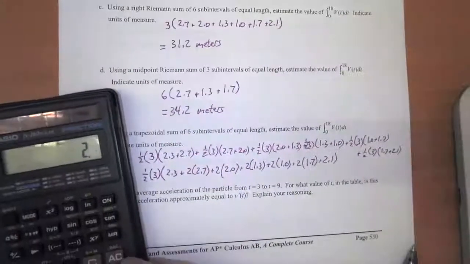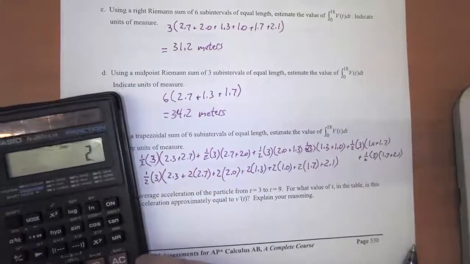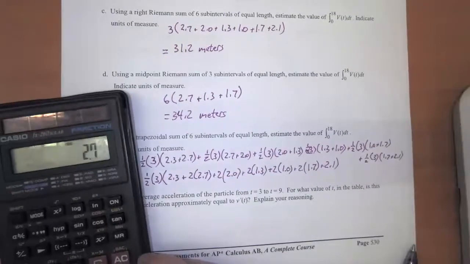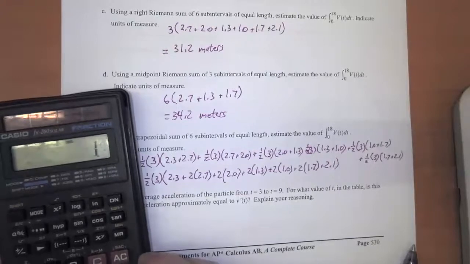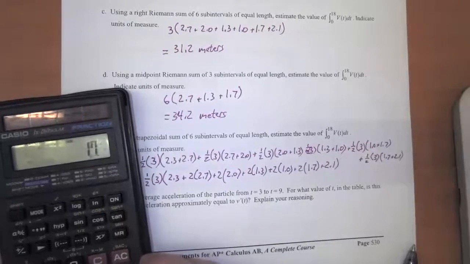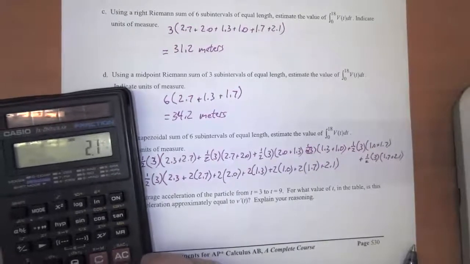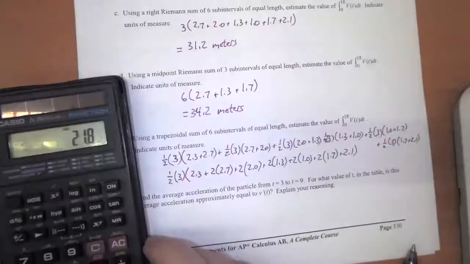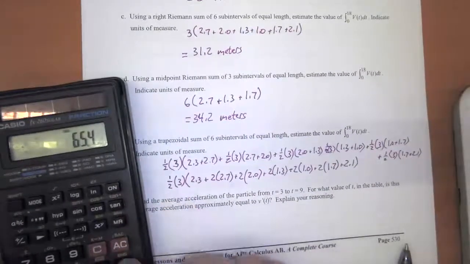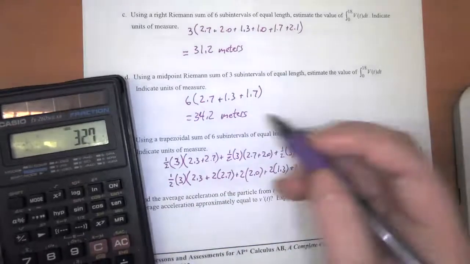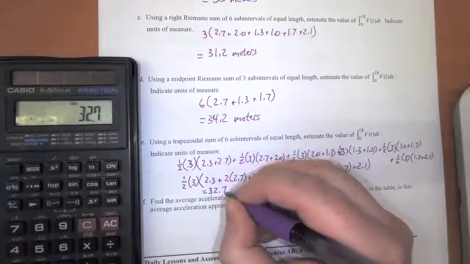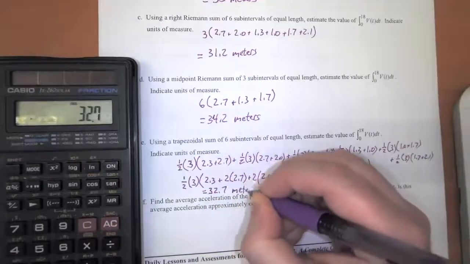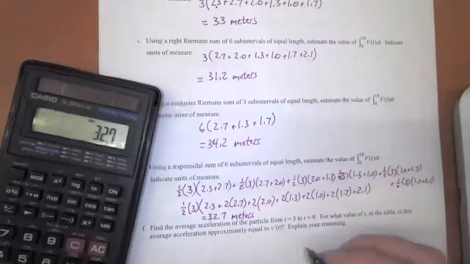All right, so 2.3 plus 2.7 plus 2.7 plus 2.0 plus 2.0 plus 1.3 plus 1.3 plus 1.0 plus 1.0 plus 1.7 plus 1.7 plus 2.1. And then we want to multiply all that times 3, and then we want to divide that by 2. And so our last estimate is 32.7 meters.